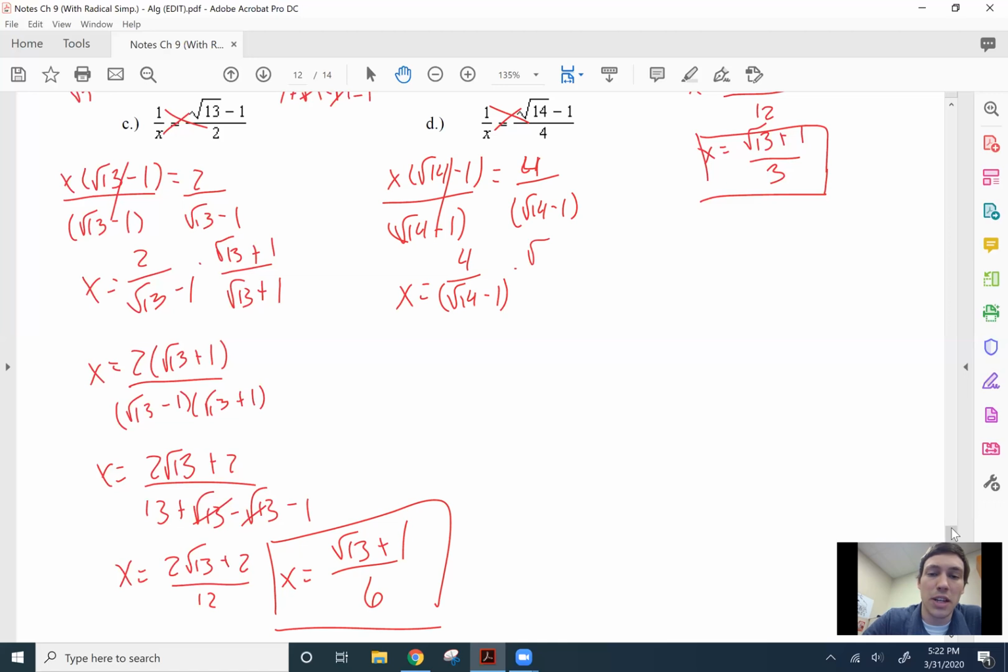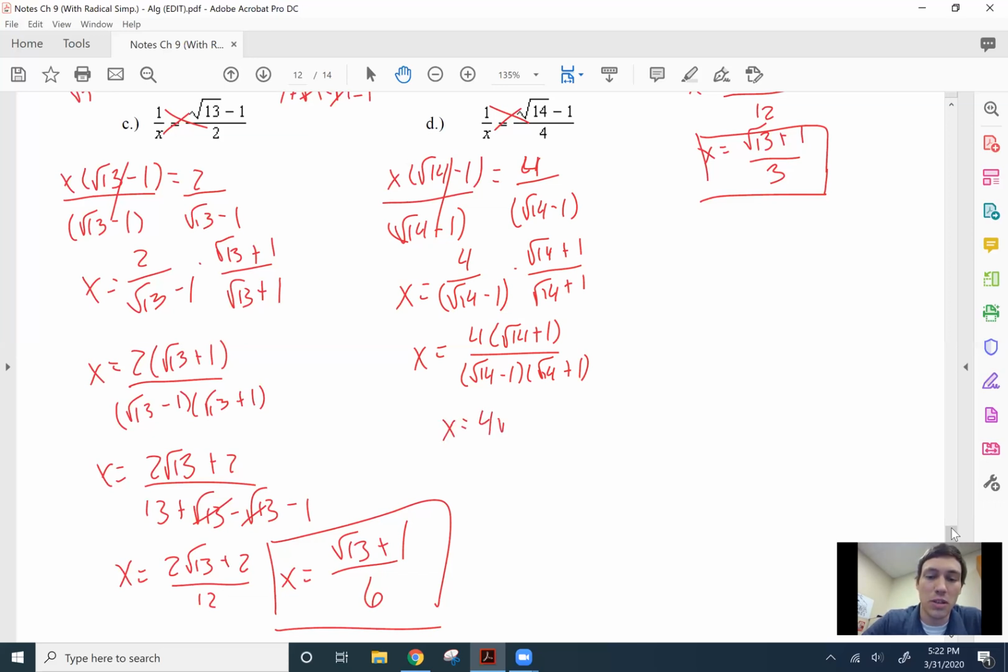Got to multiply top and bottom by radical 14 plus 1 to get it to go away. So x equals 4 times radical 14 plus 1 all over radical 14 minus 1 times radical 14 plus 1. Distribute on top and FOIL on the bottom.